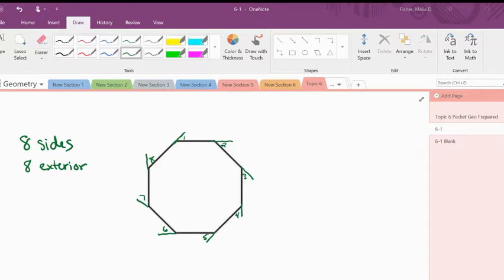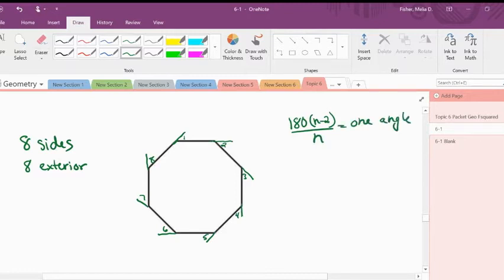Let's find the measure of each interior angle. So we have 180 times n minus 2 over n will equal 1 angle. So we know that this number of sides is 8. So we're going to do 180 times 8 minus 2 over 8.